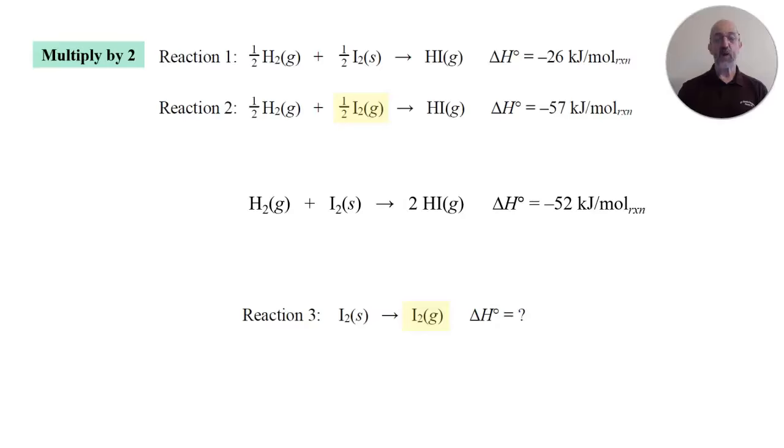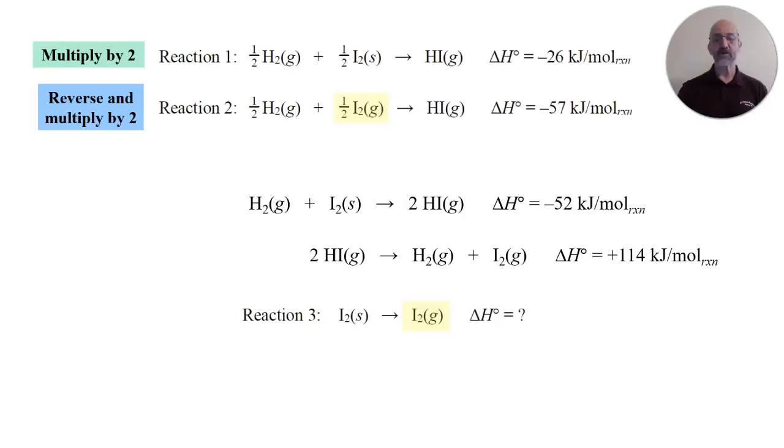And to change that 1/2 to a 1, I will multiply that equation by 2 as well as reverse it. So when I do that modification, negative 57 will now become positive 57. And then multiplying by 2, that becomes positive 114. So there are the modified versions of reactions 1 and 2.